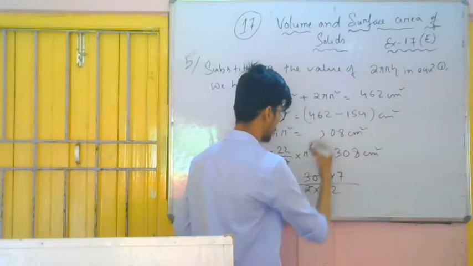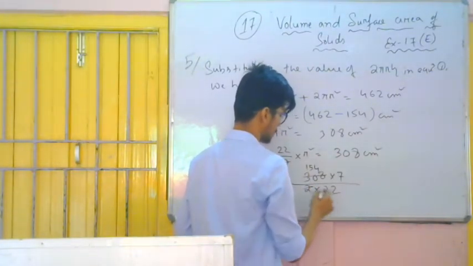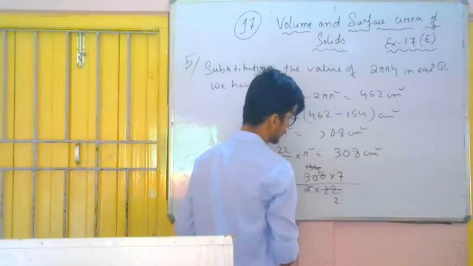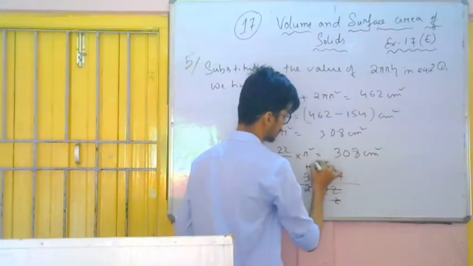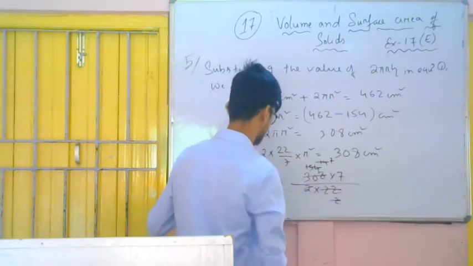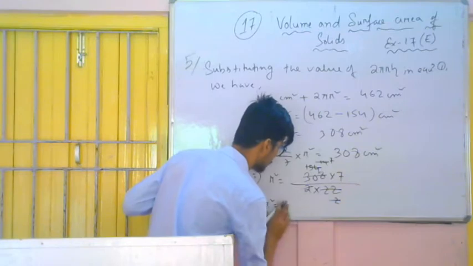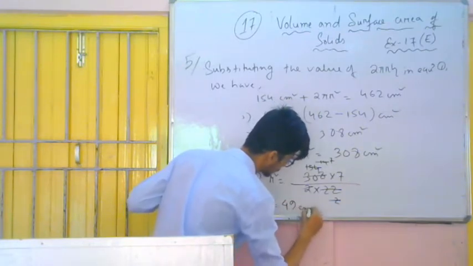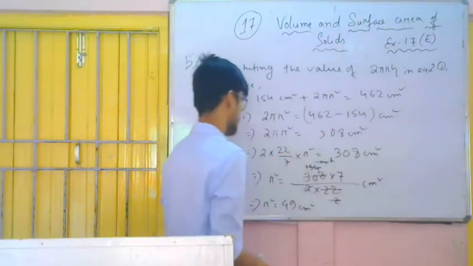2 1s are 2, 2 5s are 10, 2 4s are 8. With 11 I can cancel this one. 11 2s are 22, 11 4s are 44. So they are 7 and there is another 7. That means r square is equal to 7 square, that means 7 into 7, which is 49 centimeter square.